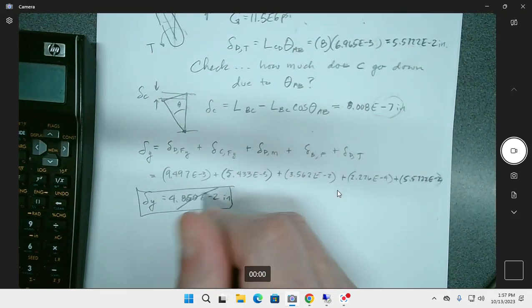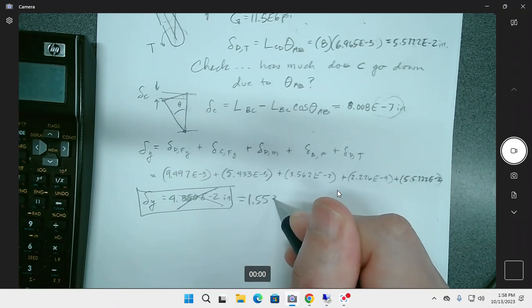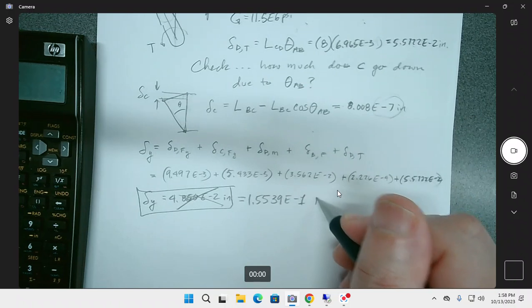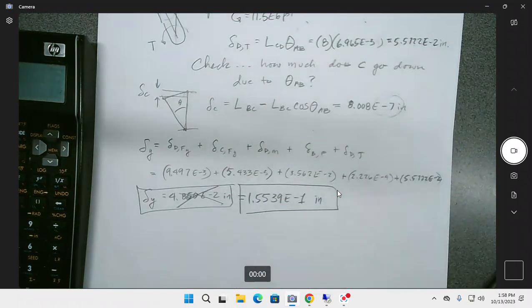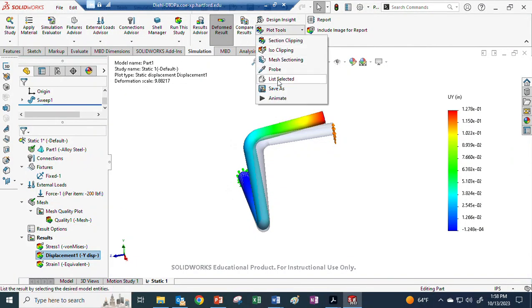So I got 1.5539, it's too many sig figs, E minus 1 inch. Okay. So how do we do that compared to this? I should have written down what this was.